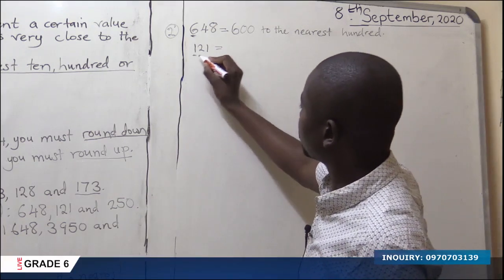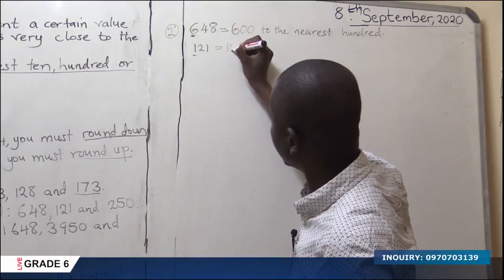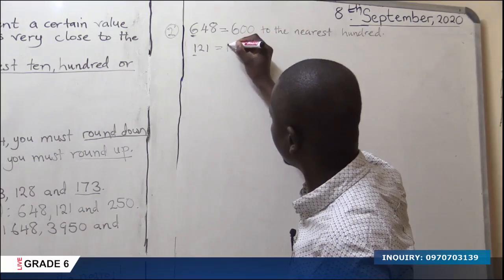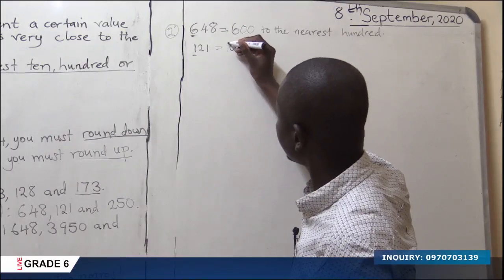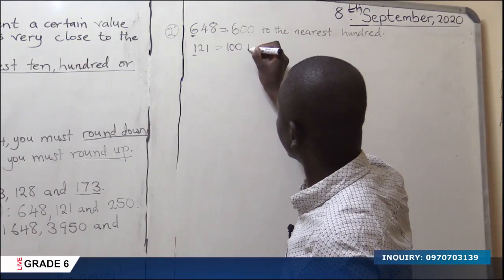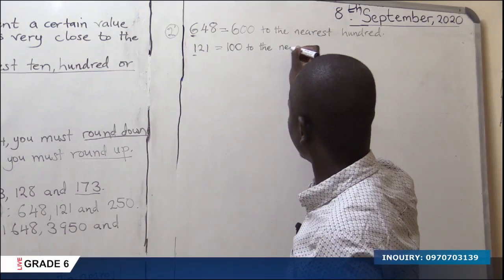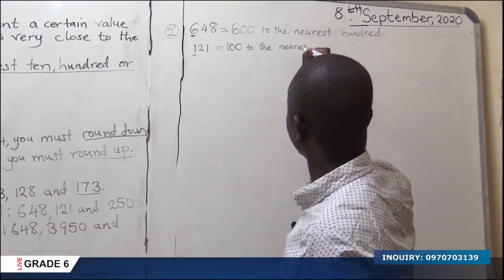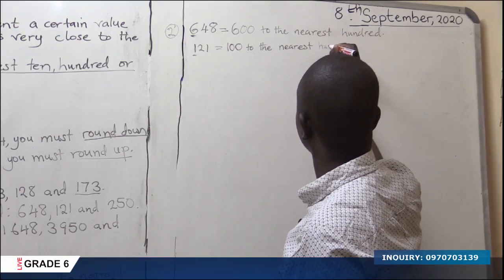So if the number is between 0 and 4, what do you do? You round down. So it will be 100 to the nearest 100.